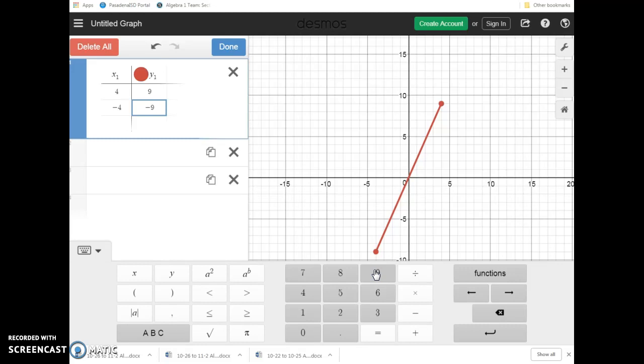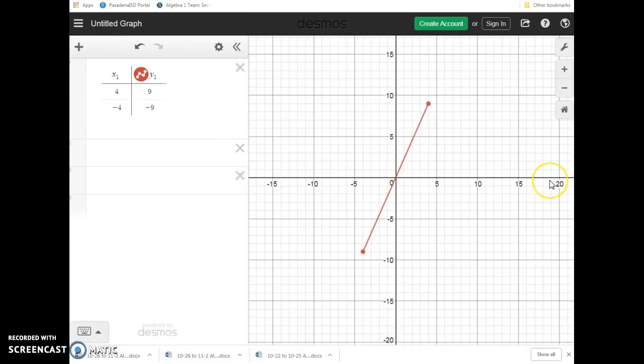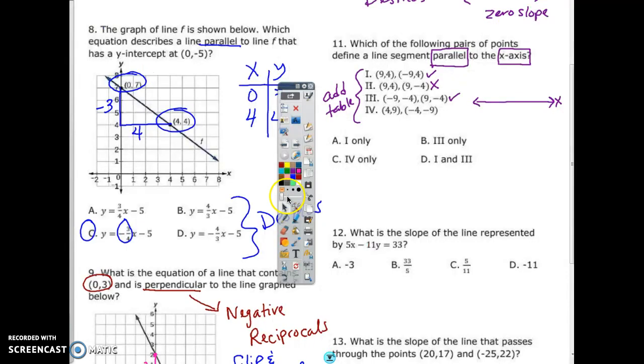So no, that is a positive slope that is not parallel to the x-axis. Remember, this is my x-axis, and it's not parallel to it. So I'm going to put an X on that one. So the only 2 that worked were Roman numeral 1 and 3. So the only answer that says that is letter D. That's how you would do it on the test.